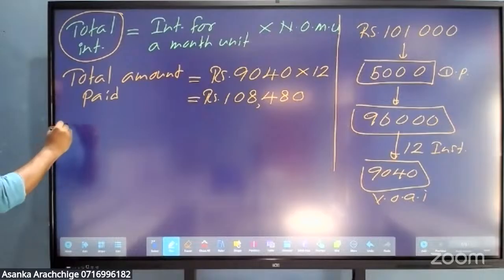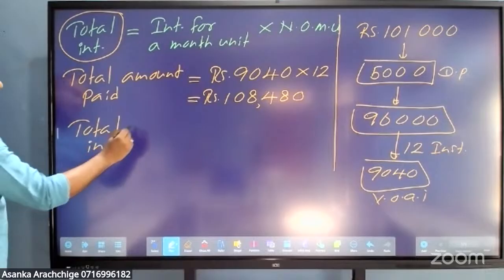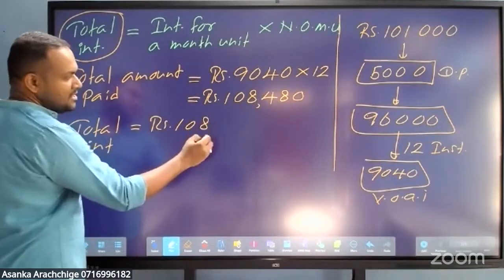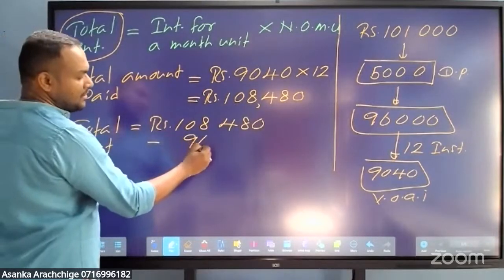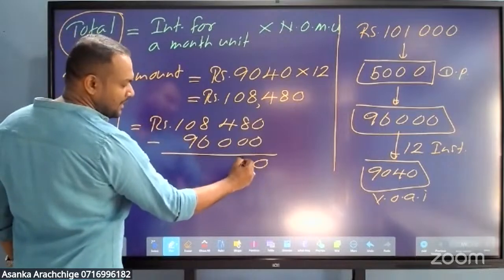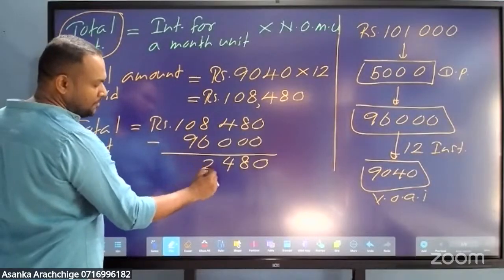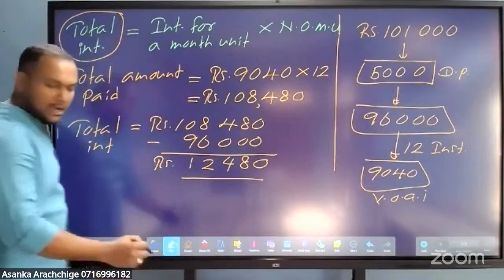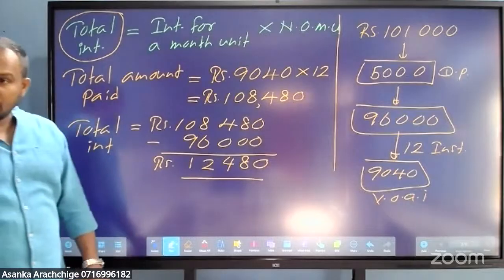So, total interest paid, that is 108,480 subtraction 96,000 rupees. 0, 8, 4, 16, 8, 6, 2, 1091. This lady pays 12,480 rupees additionally, more than the loan amount.